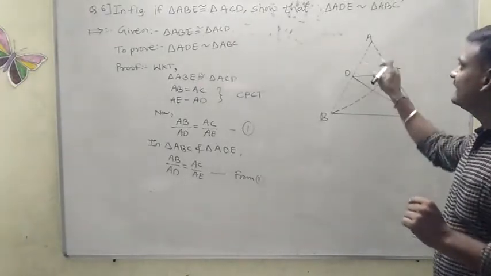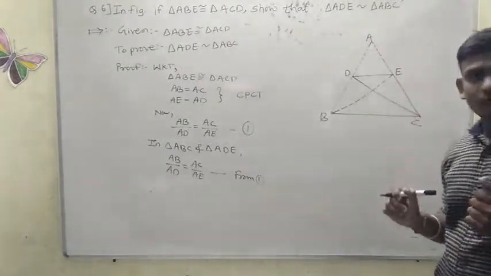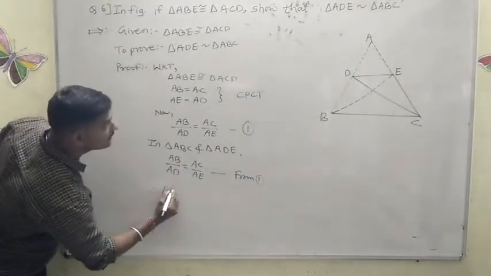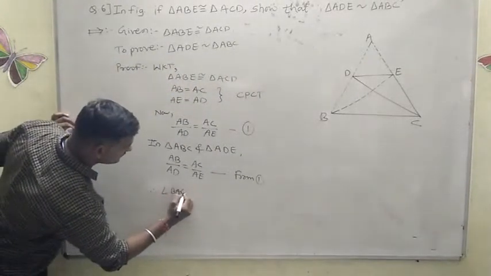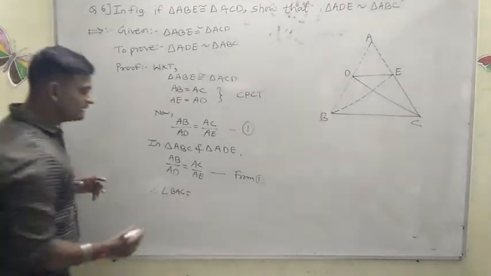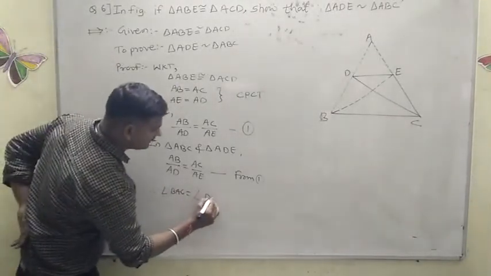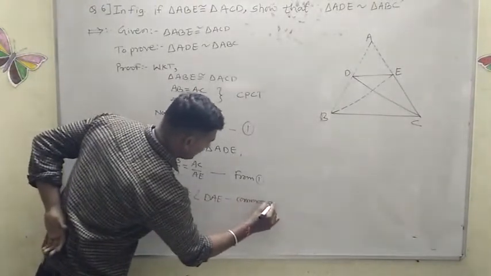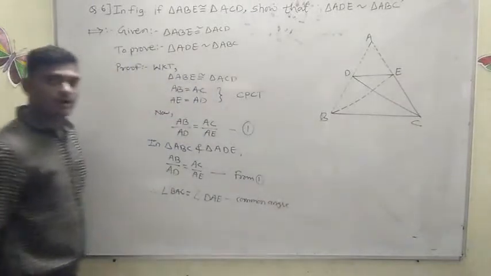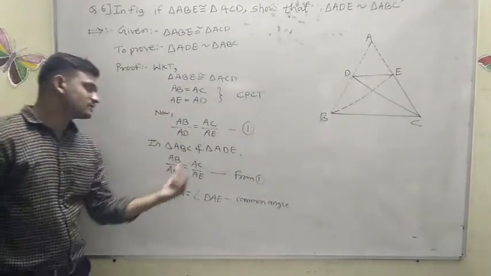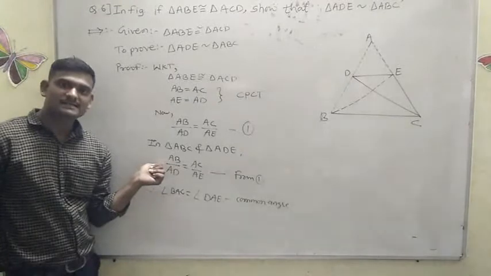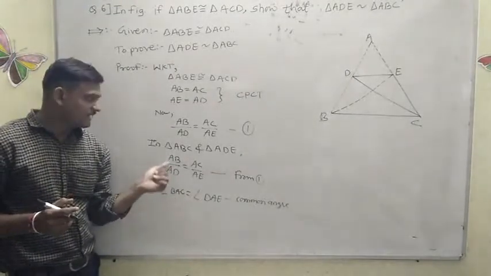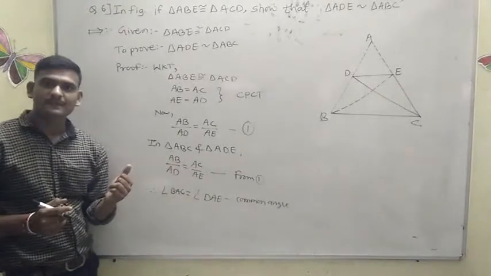Therefore, angle BAC is equal to angle DAE. What is the reason? This angle is a common angle. Therefore, in these two triangles, two side ratios are equal and the angle included between these two sides is the same. Therefore, can we say that these two triangles are similar?